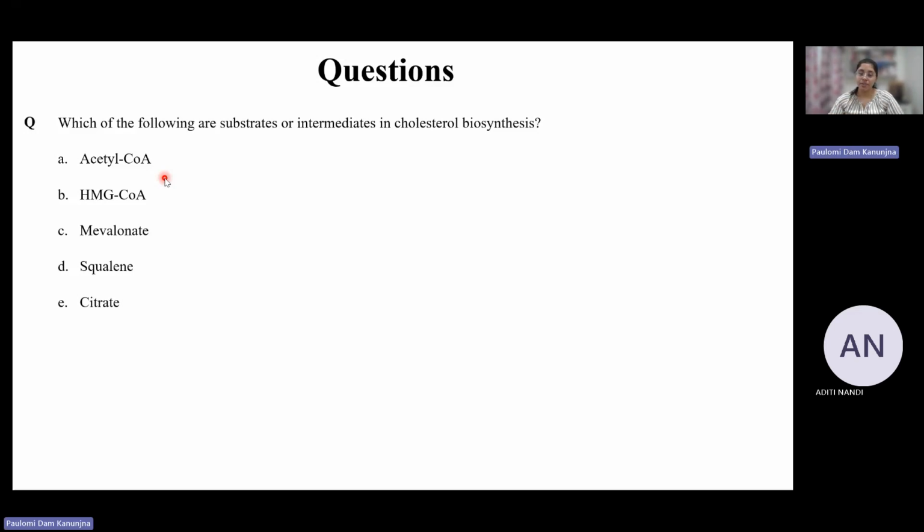Any guesses? Of course we haven't discussed it, but when you are looking into lipid biosynthesis, cholesterol biosynthesis is also a part of it. It's a very important part of it. So that's why I put up this question, so that when you revise, you have this question as a revision point.